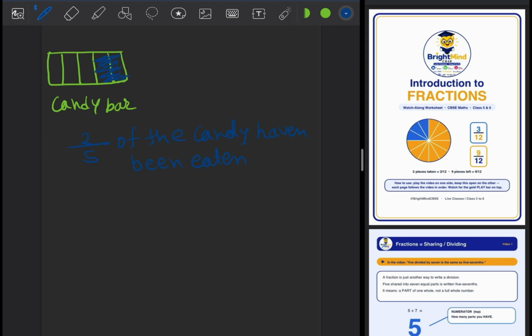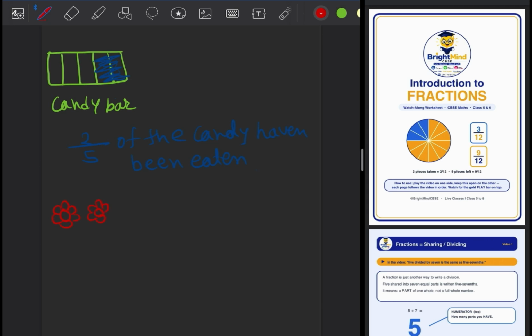So let me take one more example over here. So there are, let me draw some flowers over here. Okay, there are 6 flowers in the garden. Okay, let's imagine 6 flowers. So I will draw over here 3 flowers in red color. Here these are the flowers.